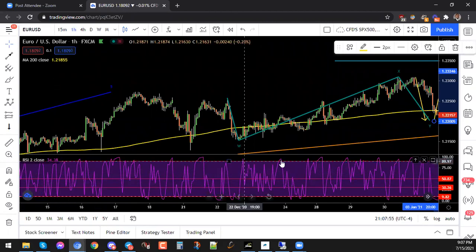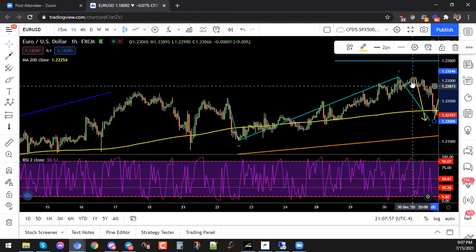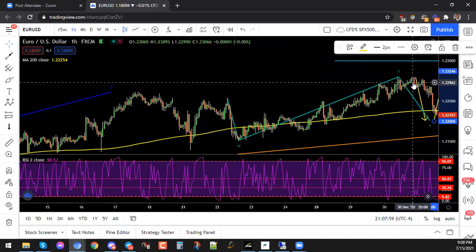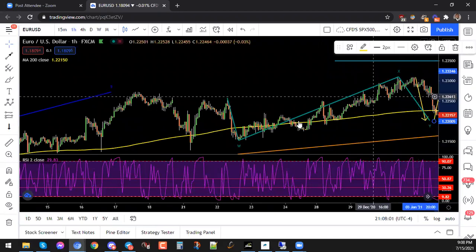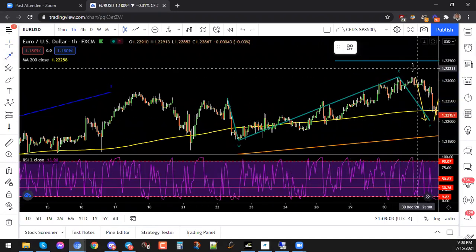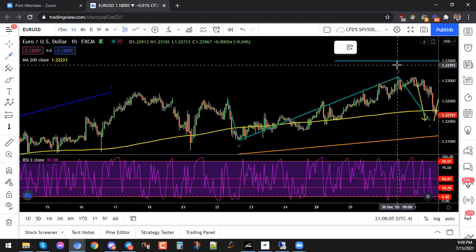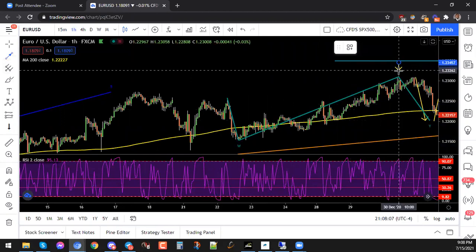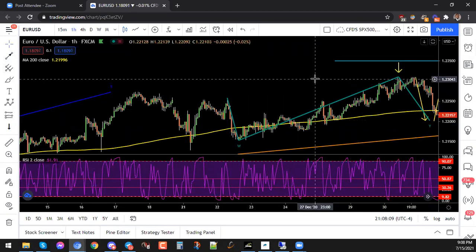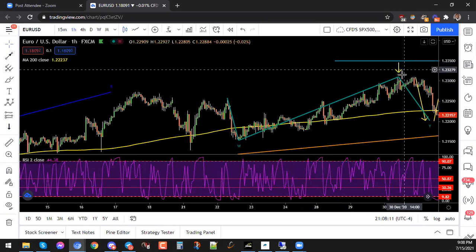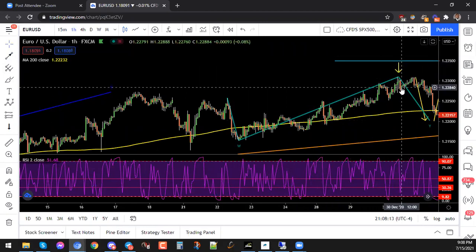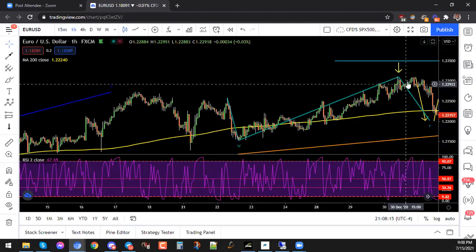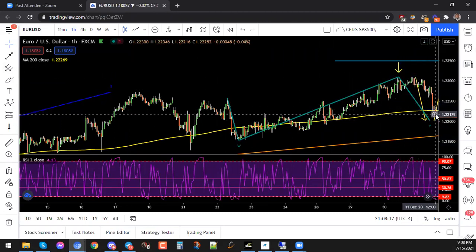So I look at my RSI. I have my aggressive wave down from here, right? So if I'm just going to put in a little arrow from there, my RSI is telling me that's where my wave down started, right? So it started here, we got a correction and continued coming down, right?